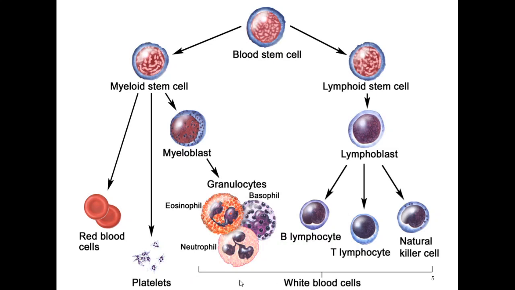White blood cells consist of granulocytes, eosinophils, neutrophils, and basophils, and also of lymphocytes: T, B, and natural killers. Also, we have red blood cells and platelets. But mostly in the normal immune response, these groups are involved.